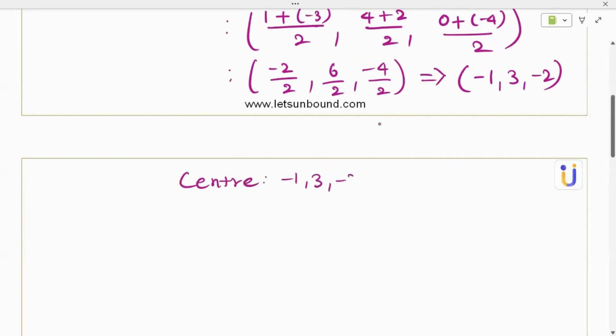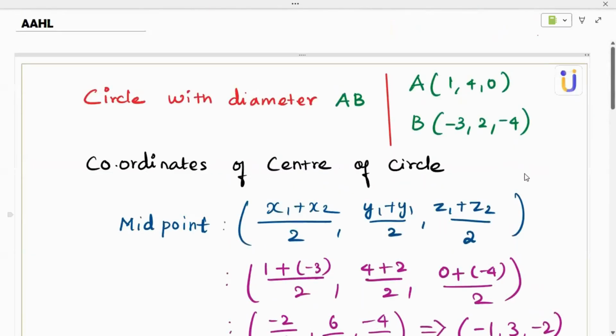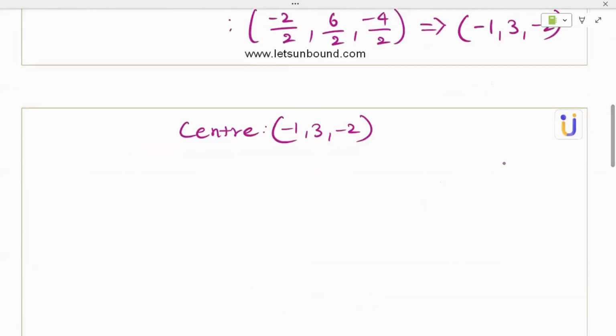Next, the part is to find the radius. Now we know the center, right? So this is a circle in three-dimensional space like this. This is the center, this is an endpoint of the diameter, and this segment will act as the radius. So I know C and B or A, whichever is easier.